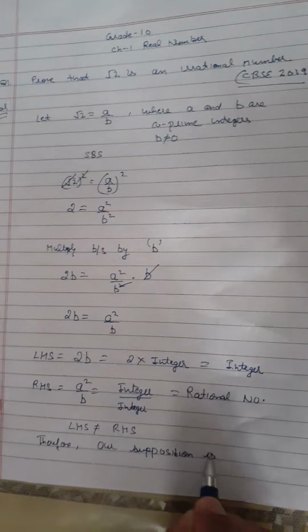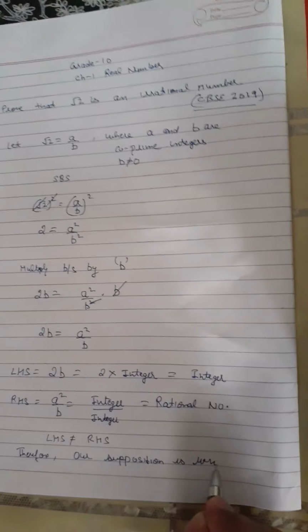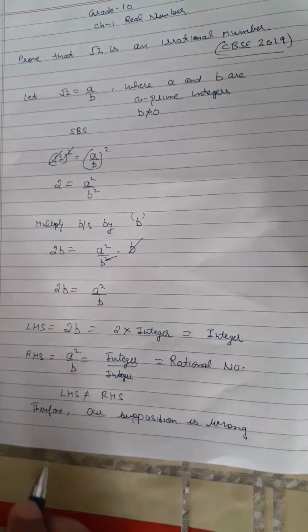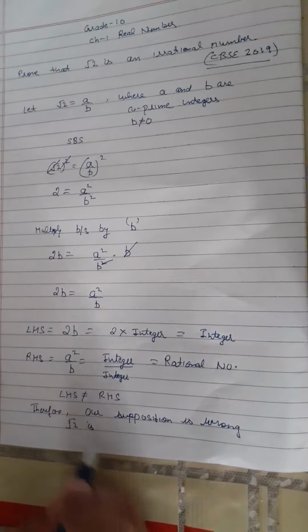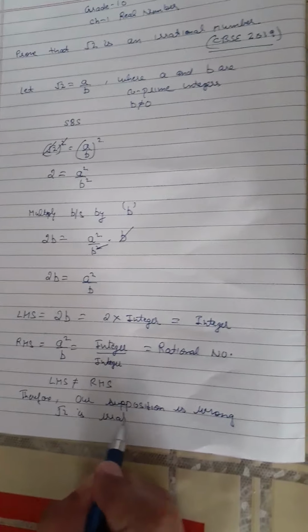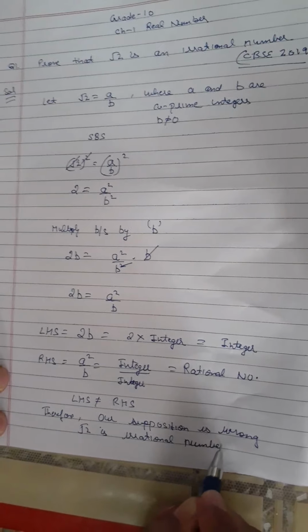What we have supposed? We have supposed under root 2 to be a rational number. So our supposition is wrong. Under root 2 is an irrational number. Okay? Fine.